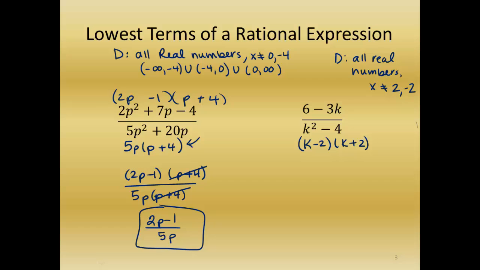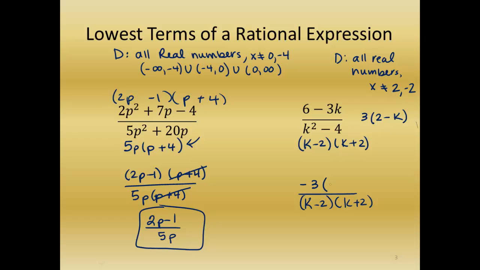Let's try the next one. I've already factored the denominator here to be k minus 2 times k plus 2. Those are the two factors. In my numerator, I can see that there is a GCF. If I take out the GCF of 3, I will be left with 3 times 2 minus k. But that will not reduce with any of my factors in my denominator. So what if I removed a -3?